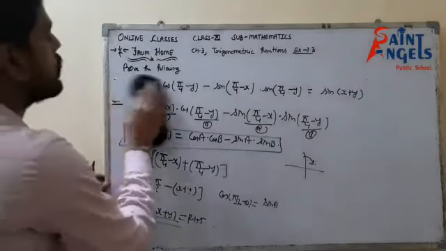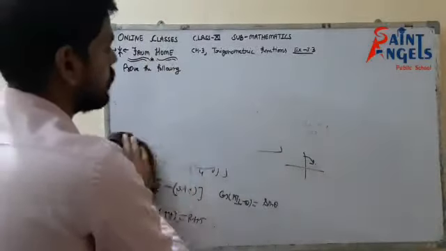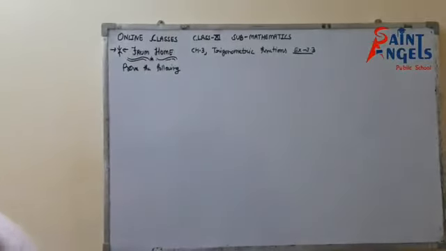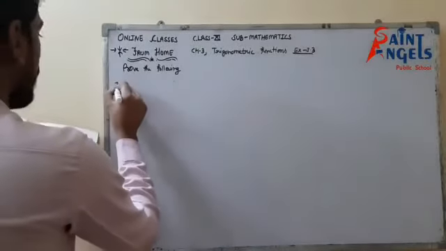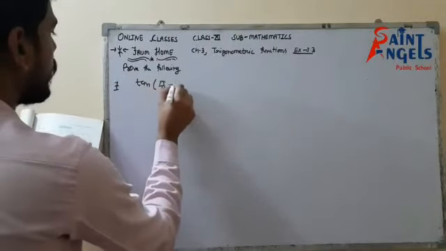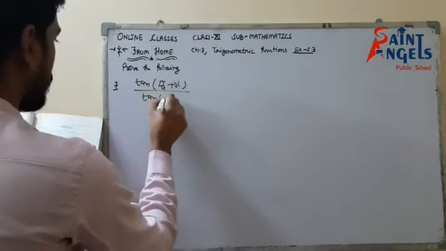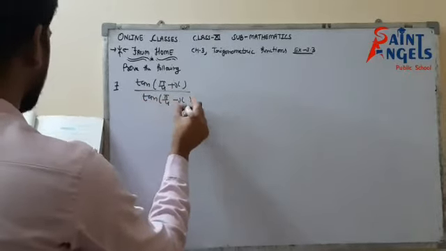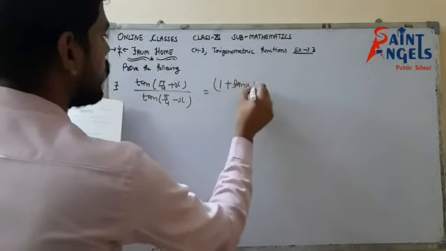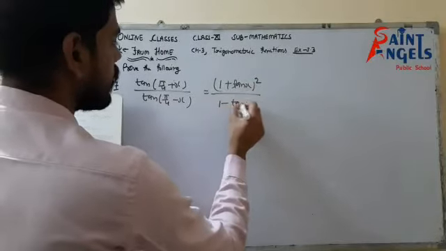Now look at question number 7. Question number 7 is we have to prove tan(pi/4 + x) upon tan(pi/4 - x) equals (1 + tan x) whole square upon (1 - tan x) whole square.